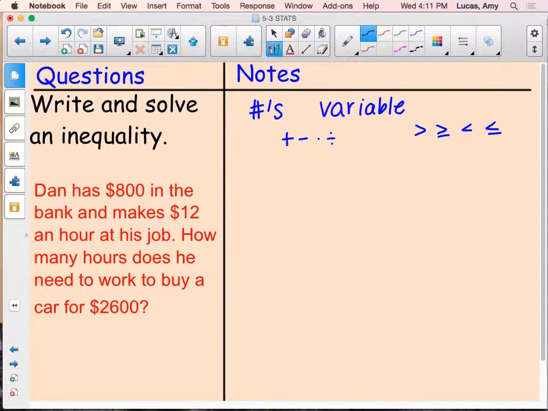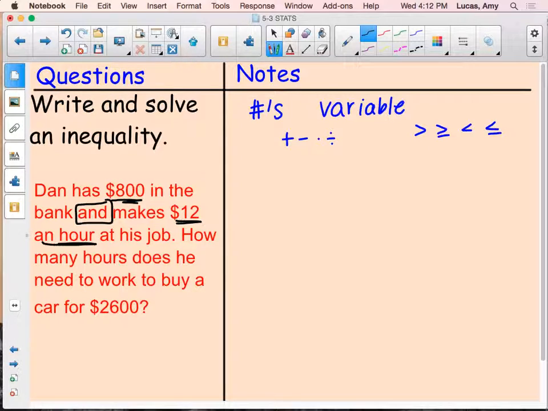So Dan has $800 in the bank, and he makes $12 an hour at his job. How many hours does he need to work to buy a car for $2,600?